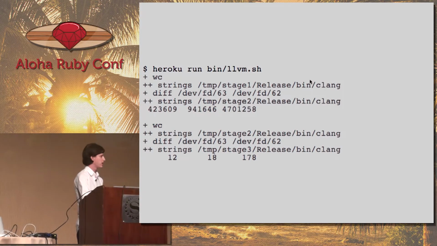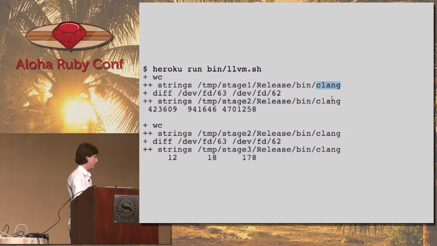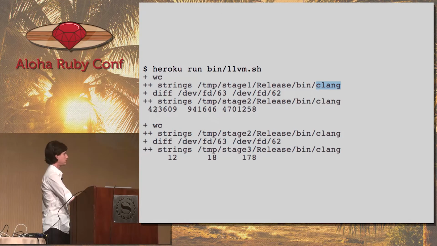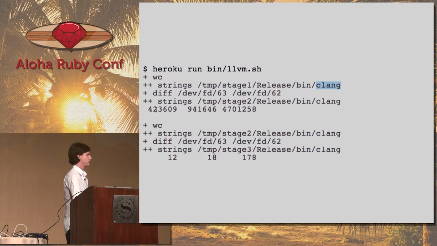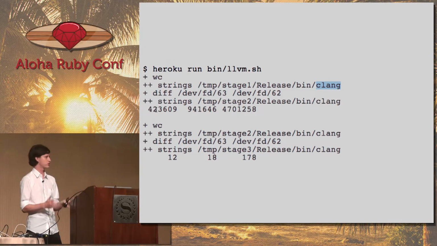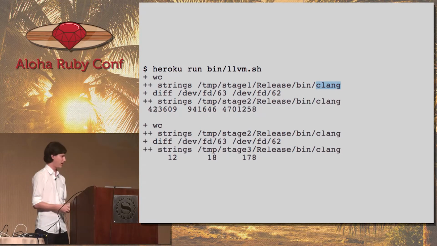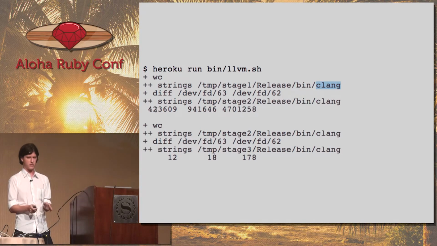Finally, we can compare the binaries. The stage 1 output and the stage 2 output look very different. Strings is a funny way to look at binaries, but there's just a lot of different things here. But this is what we would expect.